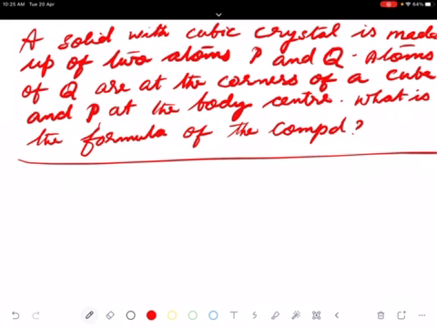A solid with a cubic crystal, means CCP, is made up of two atoms P and Q. Cubic crystal, cubic close packing. So the unit cell will be FCC only. Atoms of Q are at the corners of a cube. Now let's see this cube. I'm going to draw a cube.